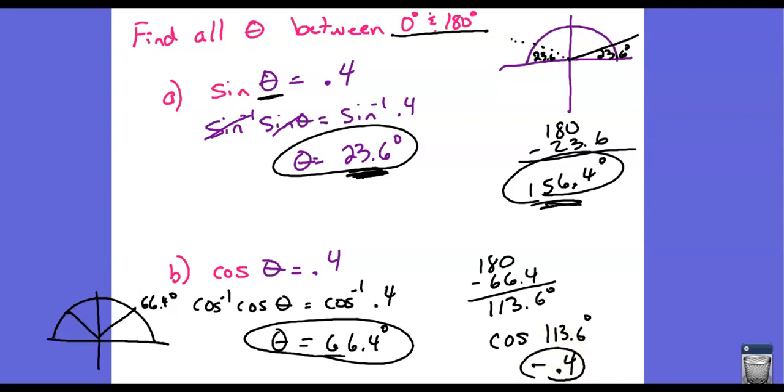Remember, in the second quadrant cosine is negative, so there's no way it's going to give you a positive value. Whereas back on letter A, sine would give you a positive value in the first quadrant and in the second quadrant. That's why there's two different angles that could give you that.